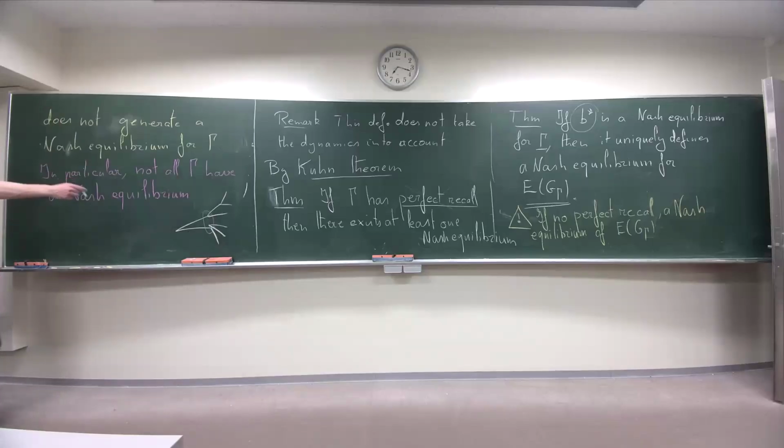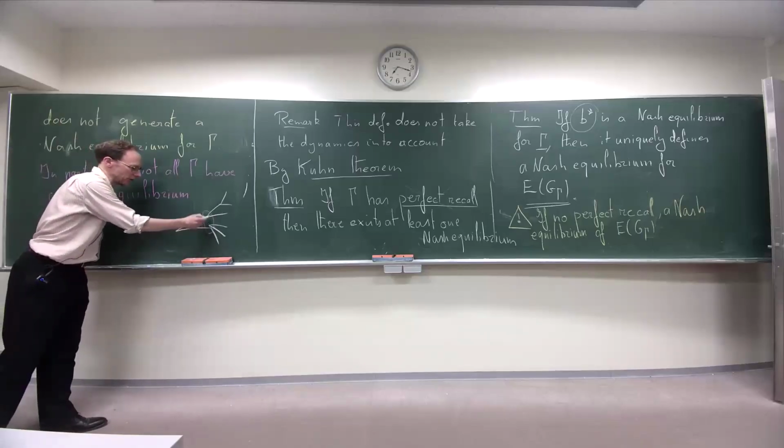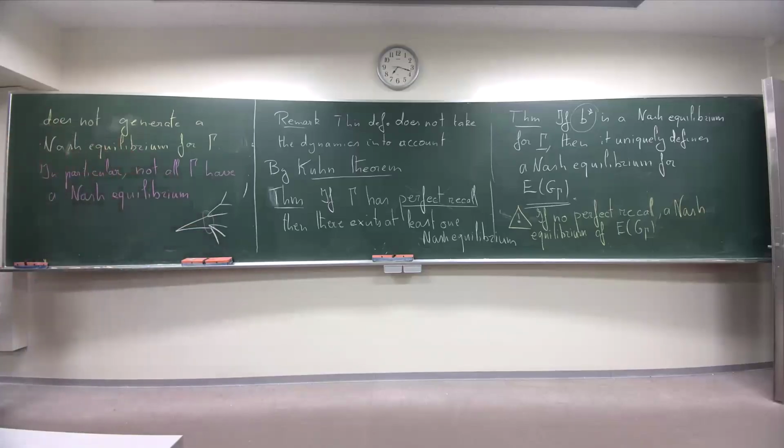So you need some information set containing more than one point. But it's easy to generate examples which illustrate either a theorem or show a counterexample.